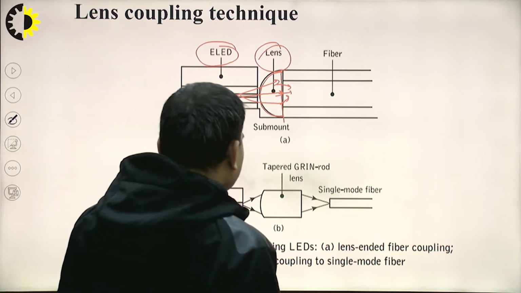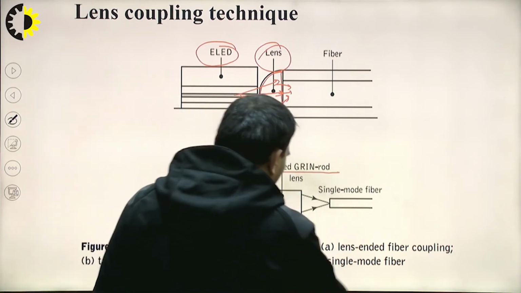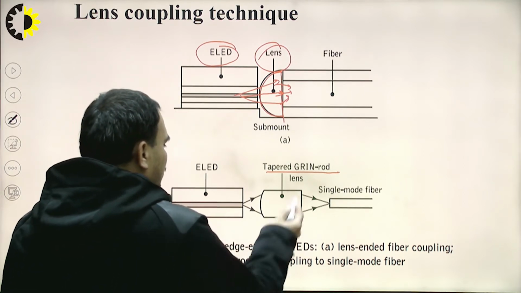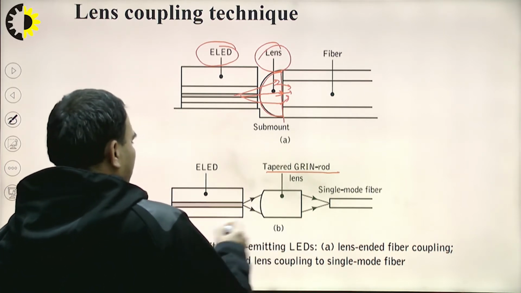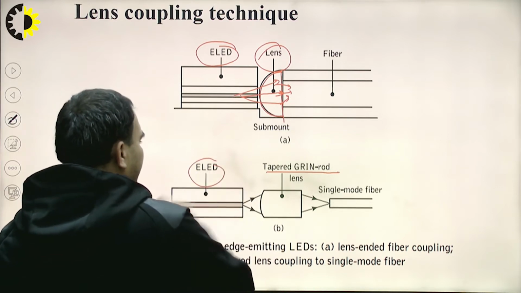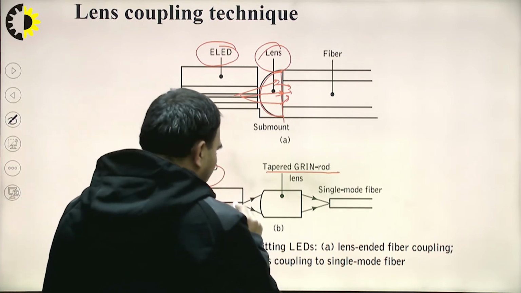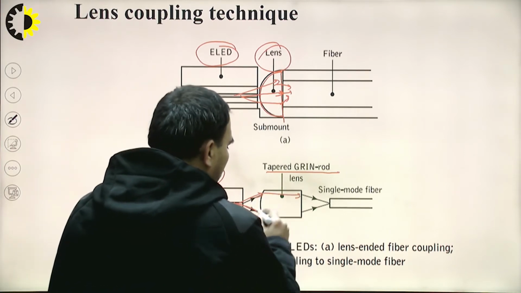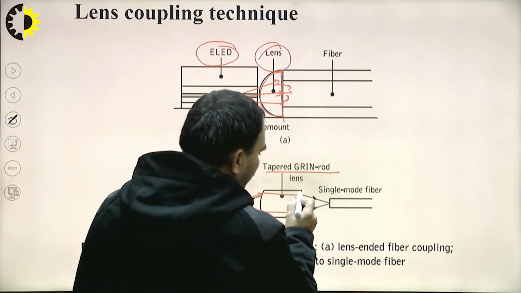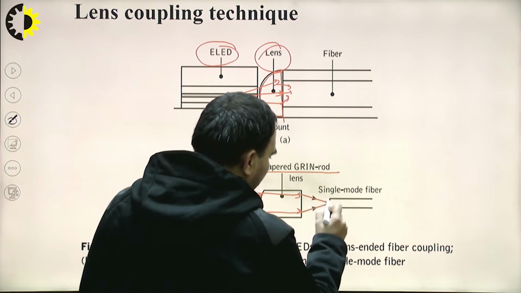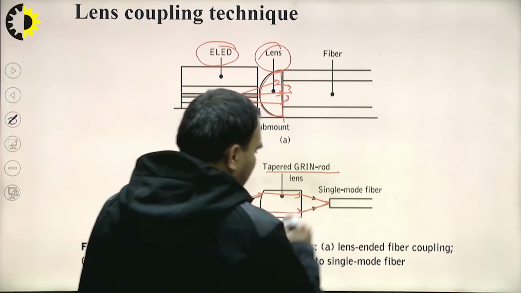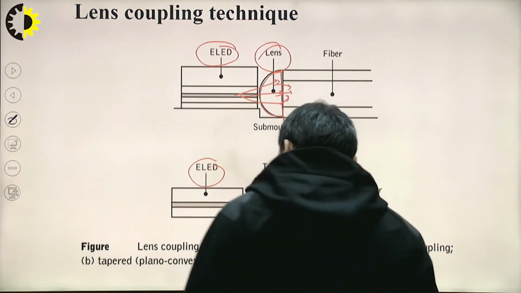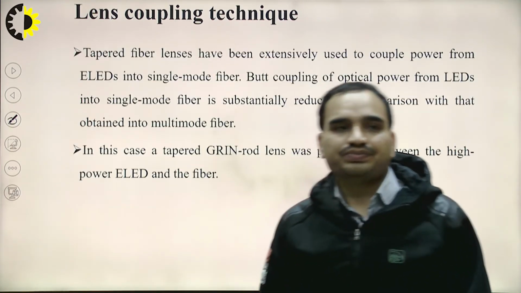Another technique is using the tapered graded rod lens, where the lens is made up of a taper, and the ELED again is used. The power emitted from the source is coupled and focused at the fiber core. If you are using a single mode fiber, then more power can be coupled using a tapered graded rod lens.